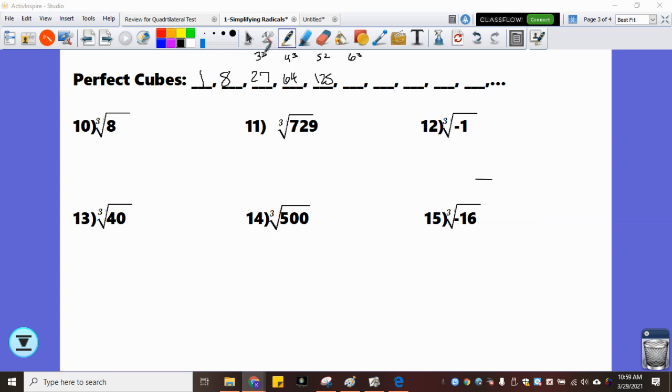We're not multiplying the exponents, we're multiplying the numbers. 2 cubed is 2 times 2 times 2. 3 cubed is 3 times 3 times 3. 4 cubed is 4 times 4 times 4. 6 cubed is 6 times 6 times 6.